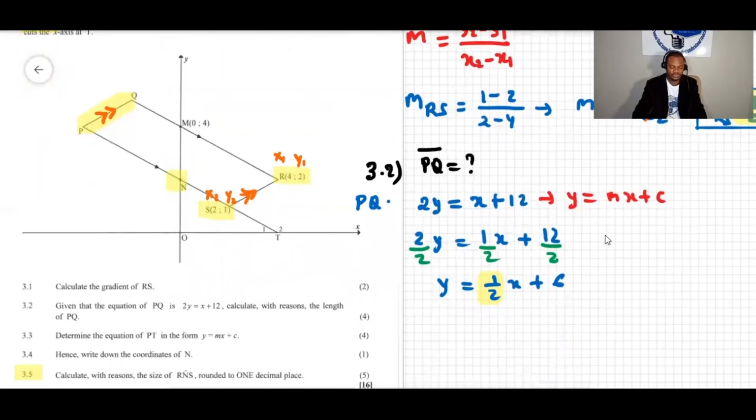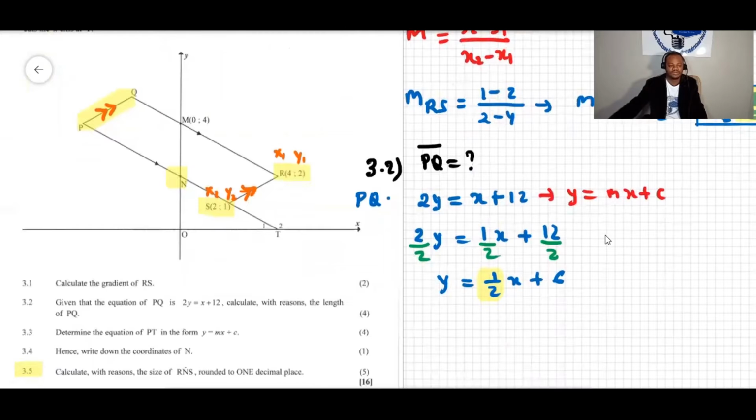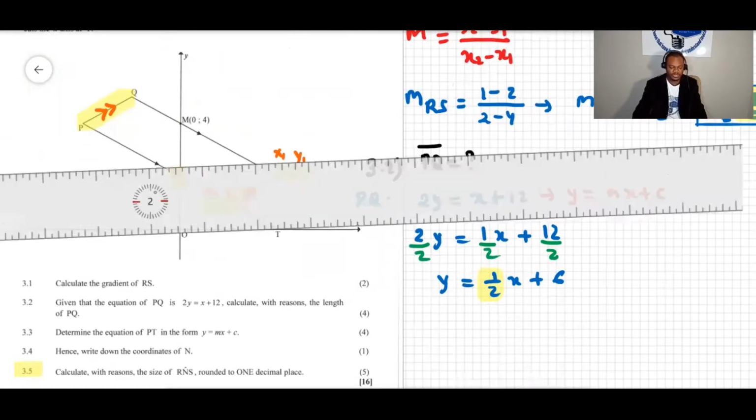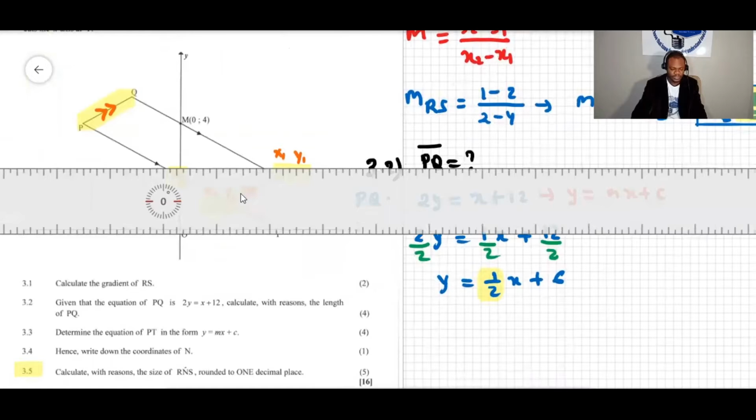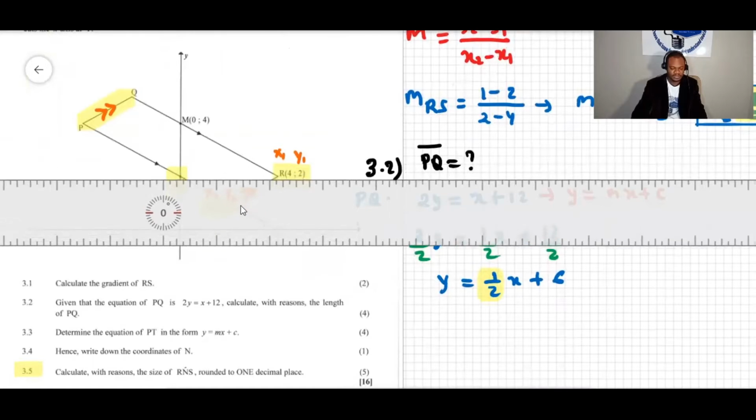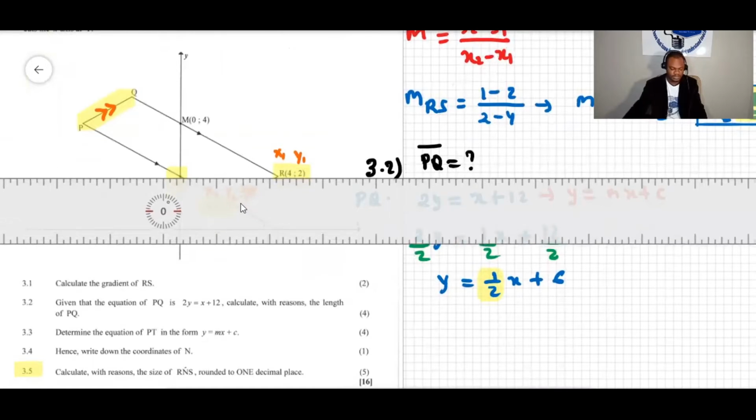Now we're going to do question 3.5. It says calculate with reasons the size of angle RNS, rounded to 1 decimal place. I'm going to draw a vertical line here just to show the angle that we need to calculate.